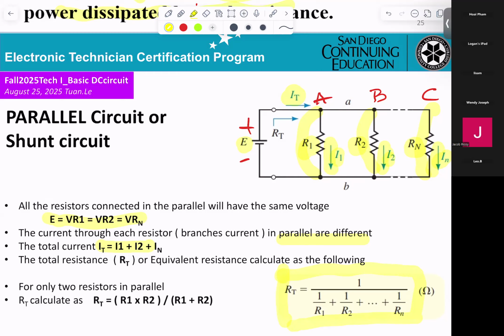However, when you have only two resistances, you can use this formula: R1 times R2 divided by R1 plus R2. That summarizes everything in the parallel circuit. Any question about parallel?